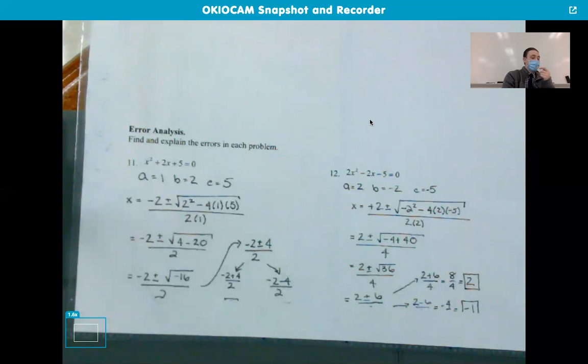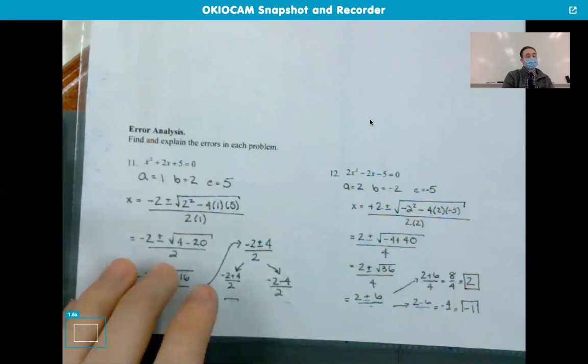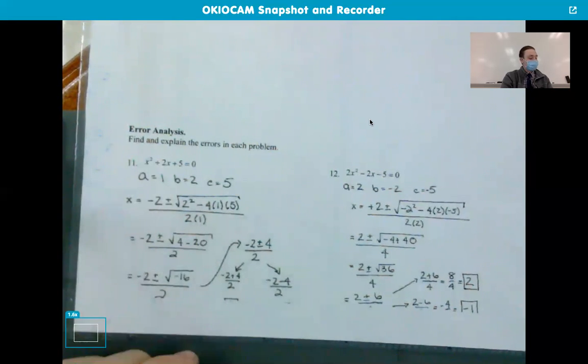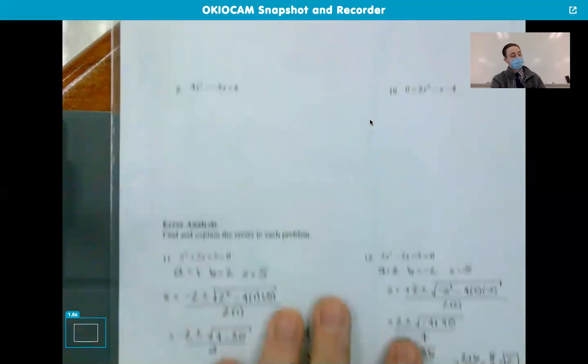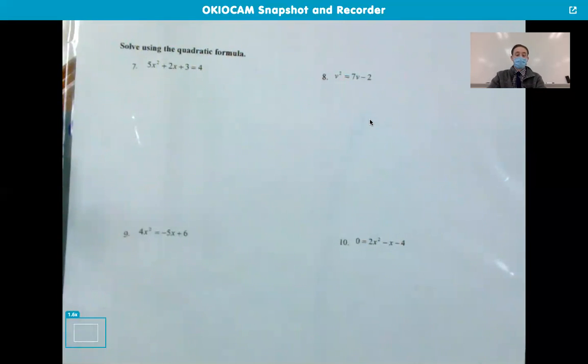So this is a good way for you to check yourself with the process, make sure that you're thinking about everything through and saying, oh, well, that's where the mistake was made. Can you spot it and try and figure that out on your own? So that's for 11 and 12. But for 7, 8, 9, and 10, you're going to use the quadratic formula to find the solutions on your own, okay?